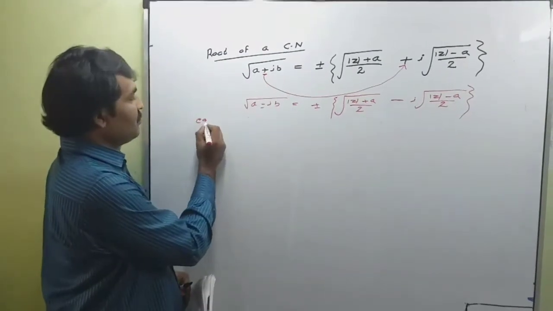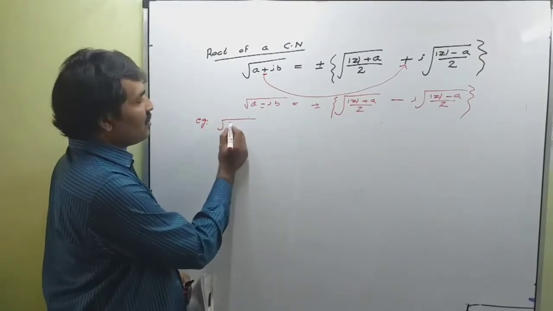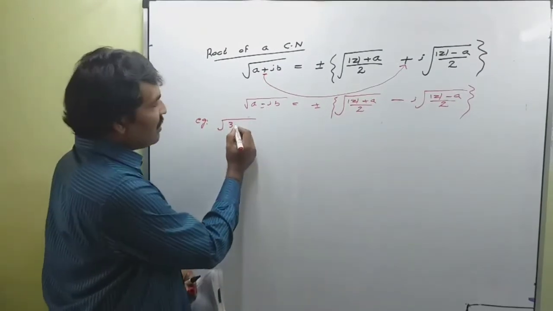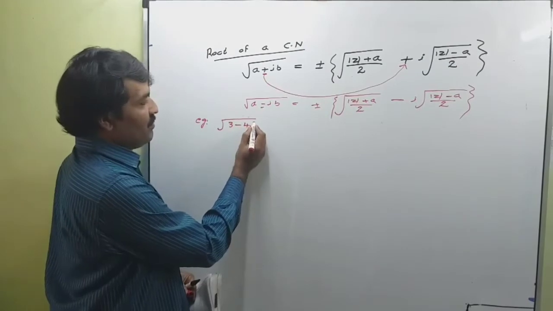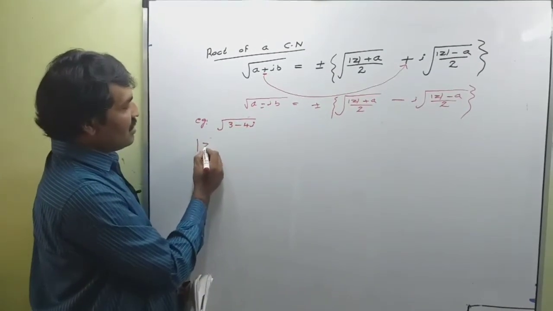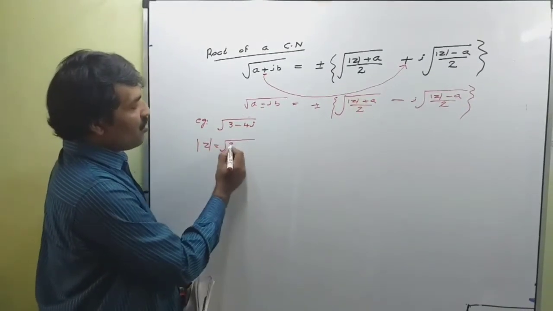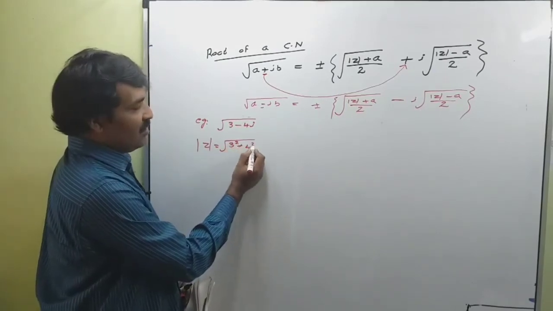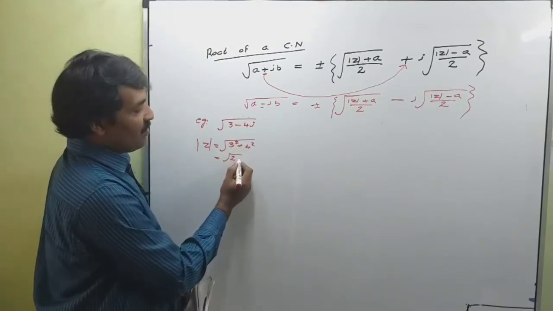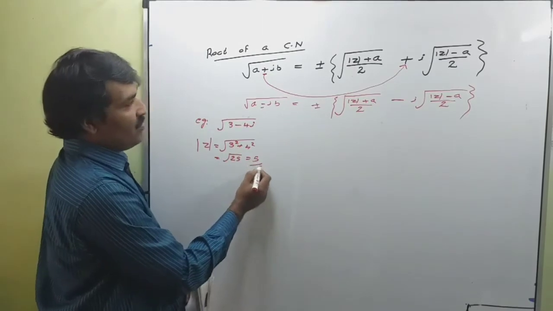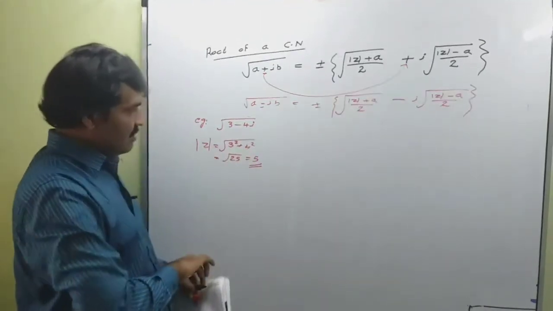For example, root of 3 minus 4i. What is mod z? Mod z is equal to root of 3 square plus 4 square, that is equal to root 25, which is equal to 5. Now here it is minus.